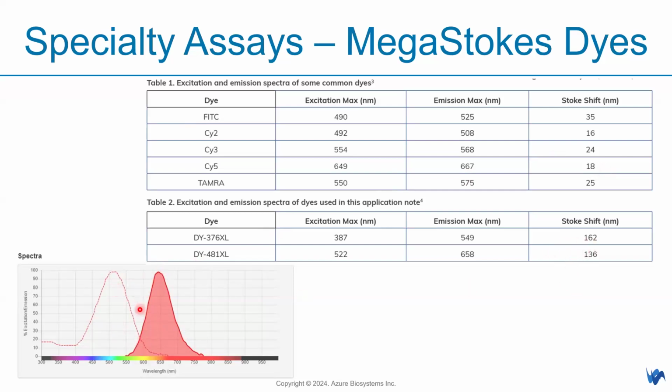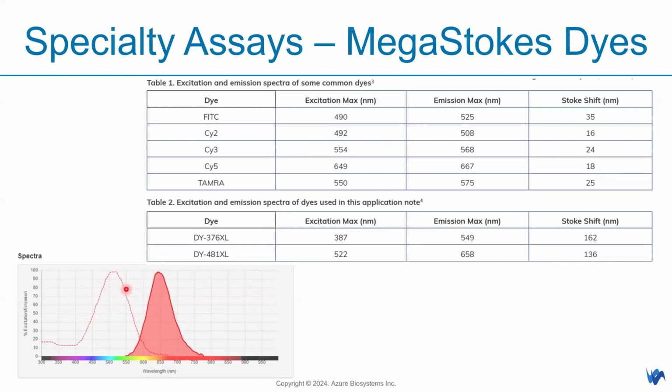The reason manufacturers develop these Mega Stokes dyes is, you can look here at the overlapping of the excitation and emission spectra. This allows you to have as little leak as possible from the excitation to the emission, so you have a very good signal to noise ratio.